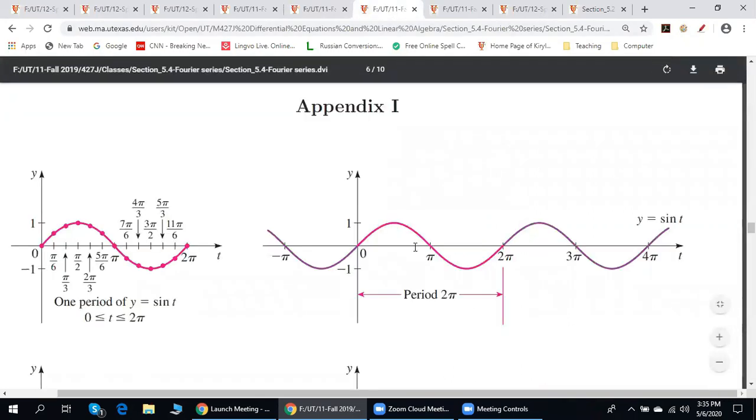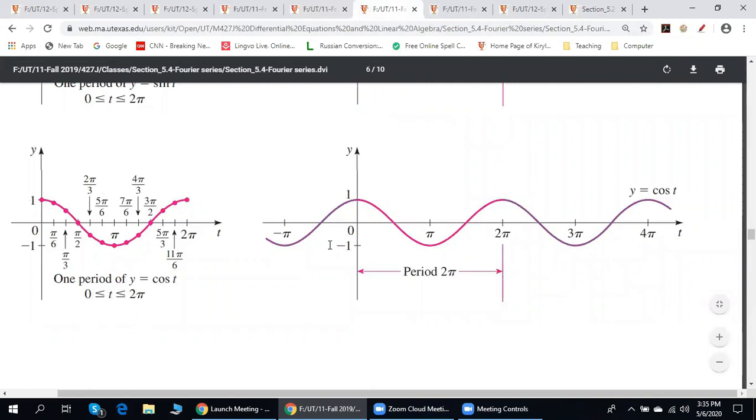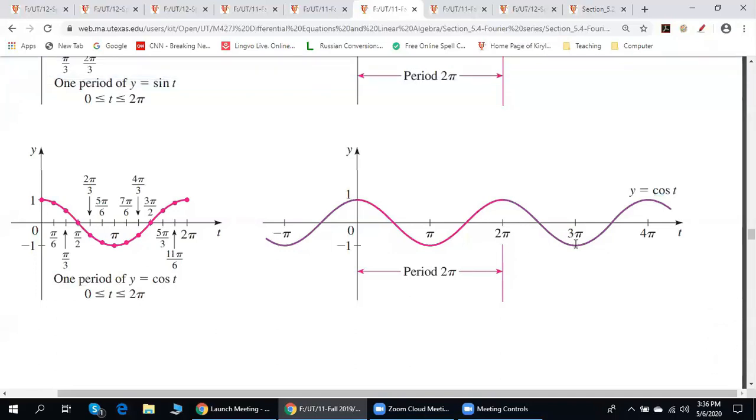Let us look at the graph again. Looking at the graph of cosine, we conclude that cosine of an even number times pi is 1. Cosine of an odd number times pi is negative 1.